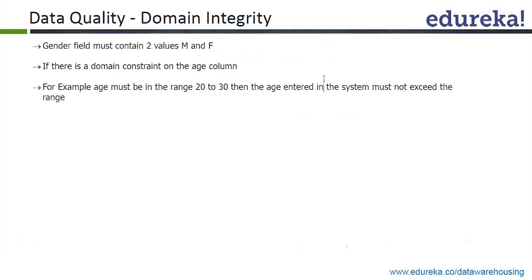The union set contains all the distinct values which are possible for a particular column. So the domain value for gender is M and F. If anything else like S, U or whatever unknown comes through from a certain system, it should fail. So this is another data quality measure where you have to check whether your data is within the decided or agreed upon domain. This is another parameter which decides your data quality.